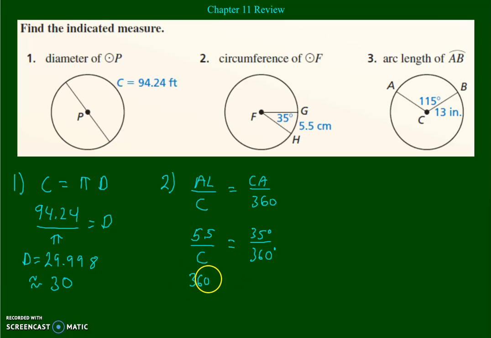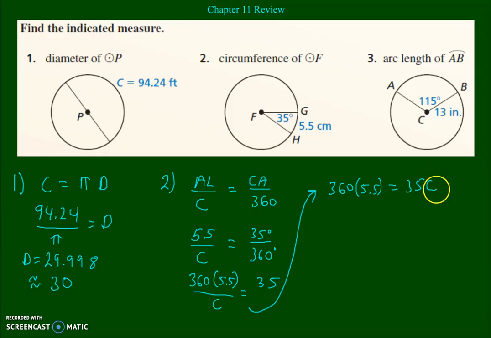So 360 times 5.5 over C equals 35. Now, I'm going to multiply both sides by C because I have to get the C out of the denominator. So we have 360 times 5.5 equals 35C.